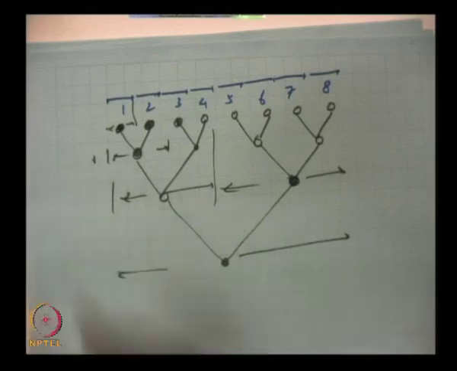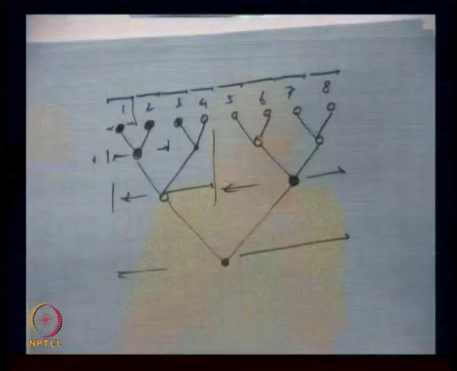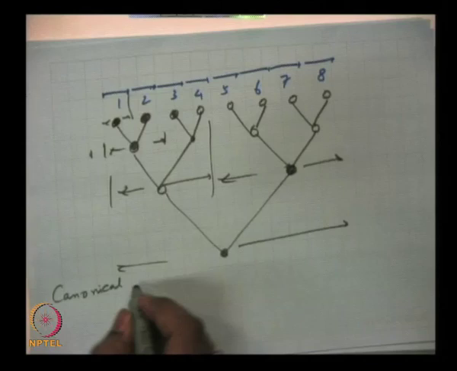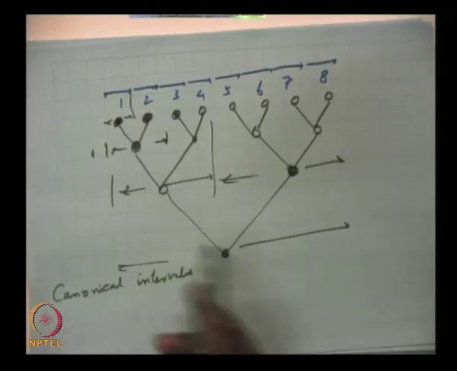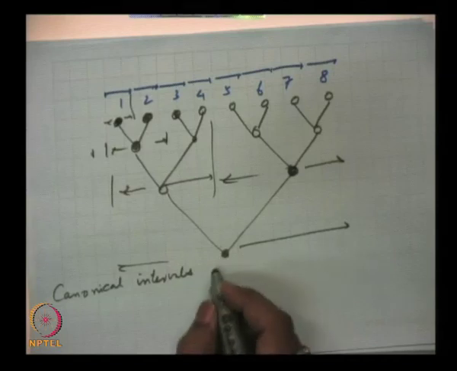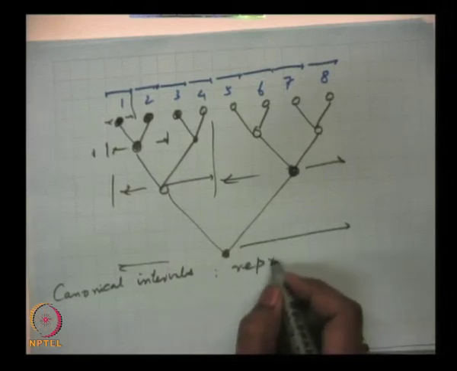Here we are not keeping every interval, right? Like 2 to 3 we cannot. Okay, we will come to that. So, right now, these are what are called canonical intervals. What is a canonical interval? The canonical intervals are exactly those represented by the leaf nodes.